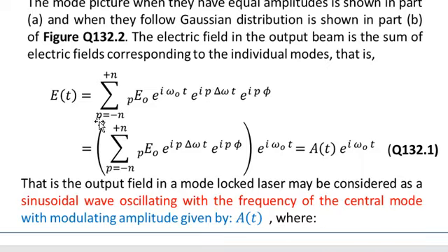When you run this index p, you are contributing the other modes in the summation. For example, if p is equal to minus n, then you are considering the minus nth mode. And if p takes the value plus n, then you are considering the rightmost longitudinal mode, which is the plus nth mode.